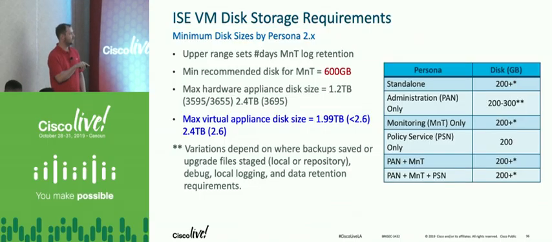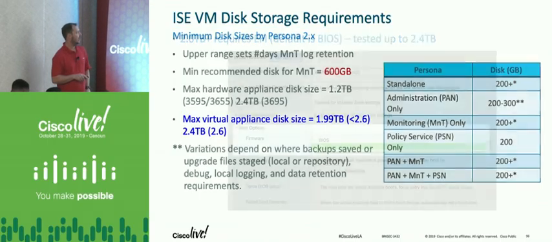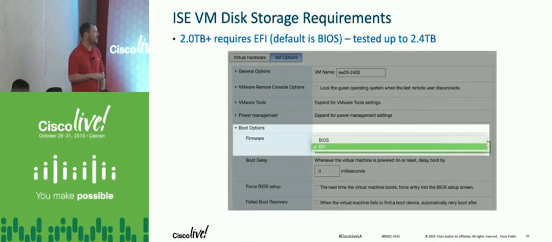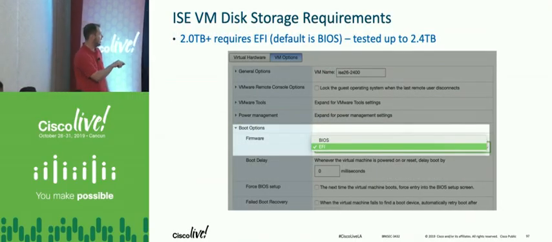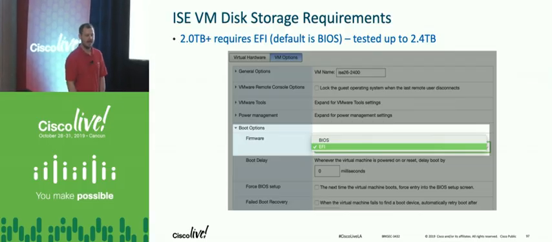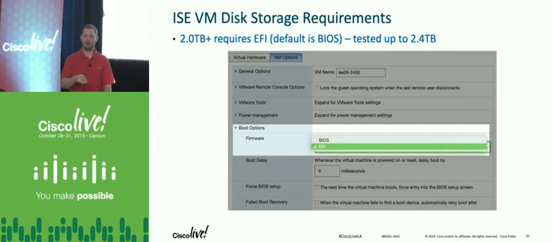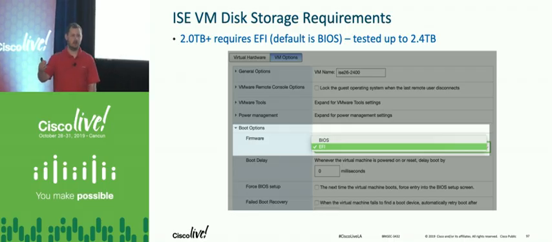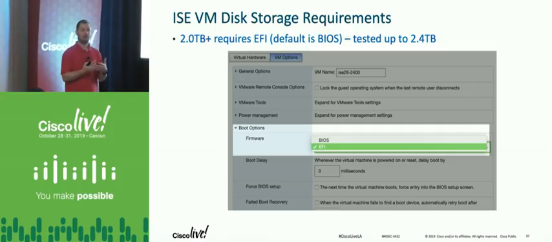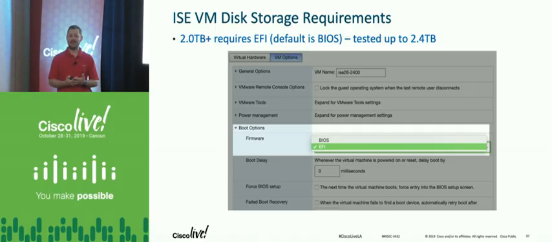And in 2.6, that changes. And one of the reasons why that changes is we had to change the firmware option from BIOS over to EFI to support more than 2 terabytes. So if you do want to build that super MNT and match the 3695 specs, this BIOS setting matters.